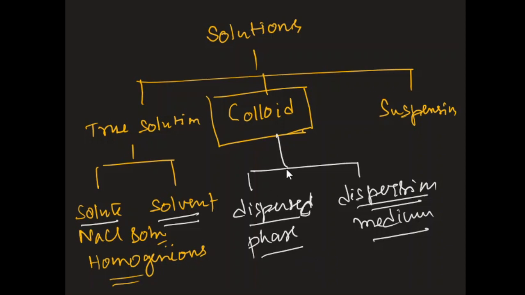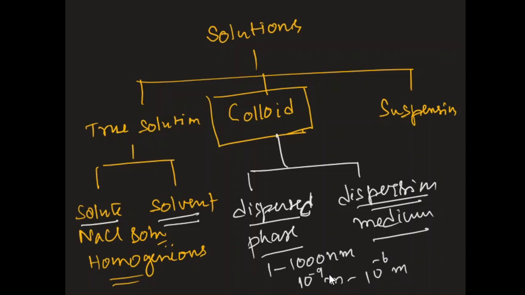And the colloidal particles, that is the dispersed phase, its size is around 1 to 1000 nanometer as diameter. It means 10 power minus 9 meter to 10 power minus 6 meter, that is 1 micron.